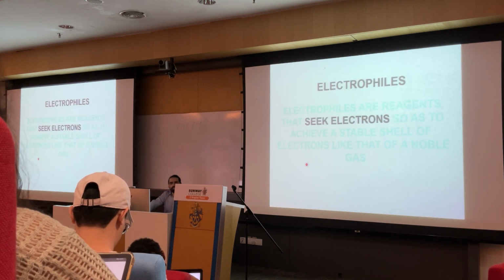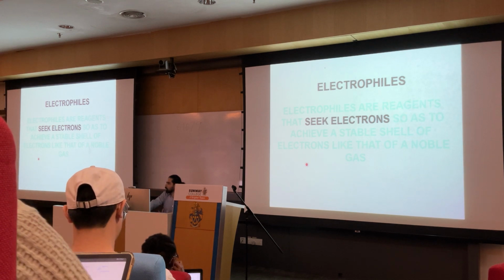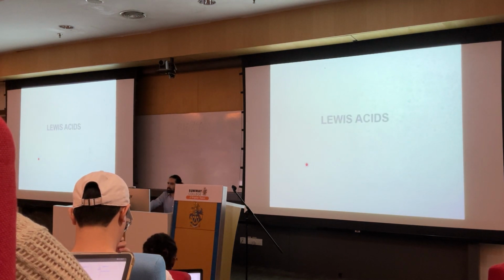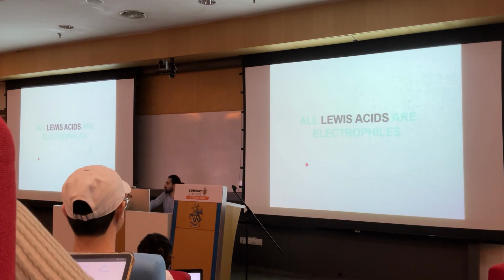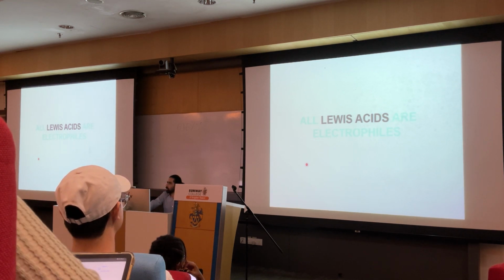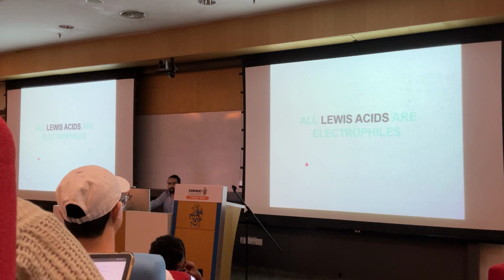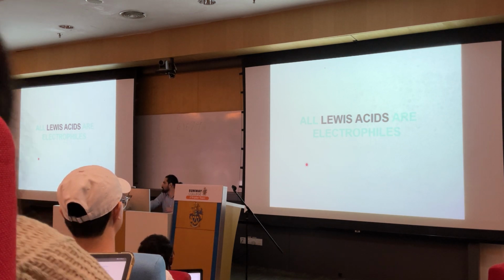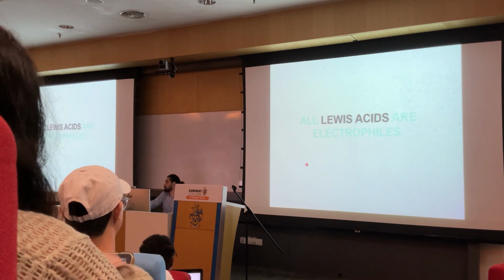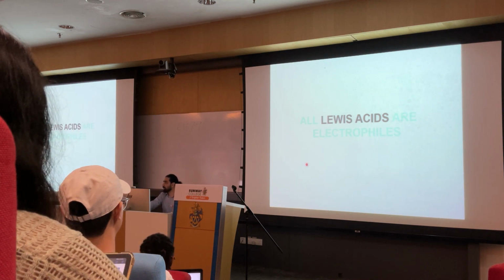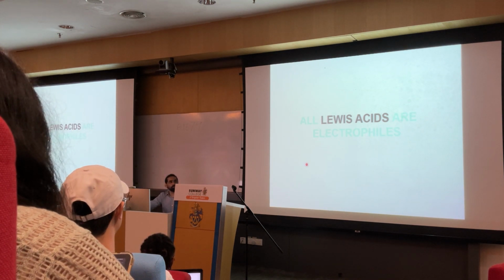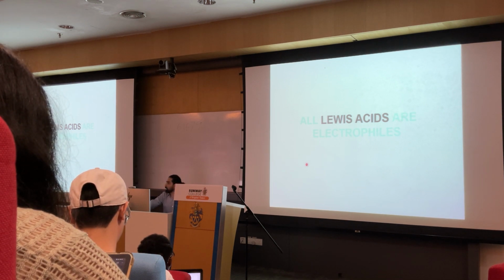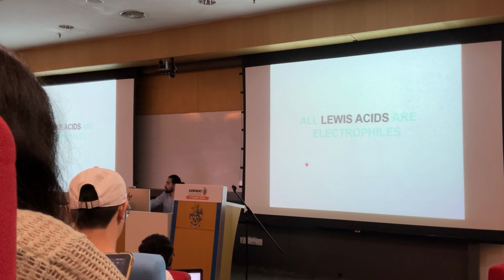Right, so electrophiles are what? Electron-loving moieties, which seek electrons. They can have positive charge, or they can also be called Lewis acids because they can accept a pair of electrons. Lewis acids by definition are compounds which can accept a pair of electrons, so electrophiles are, technically speaking, Lewis acids.